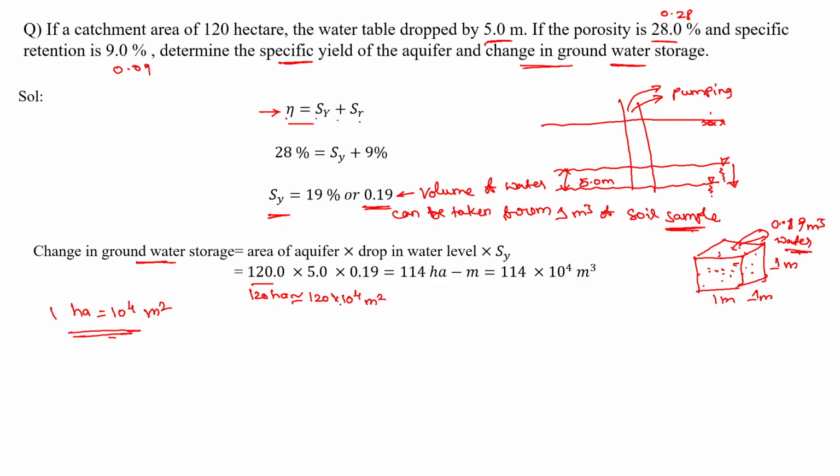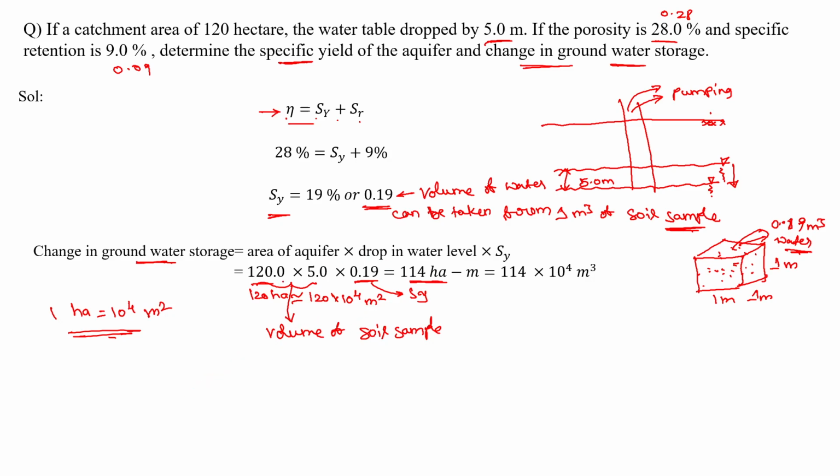You can remember this. So the area and the drop give the volume of soil sample, and this is multiplied by the specific yield SY. This gives the volume of water drawn from the aquifer.